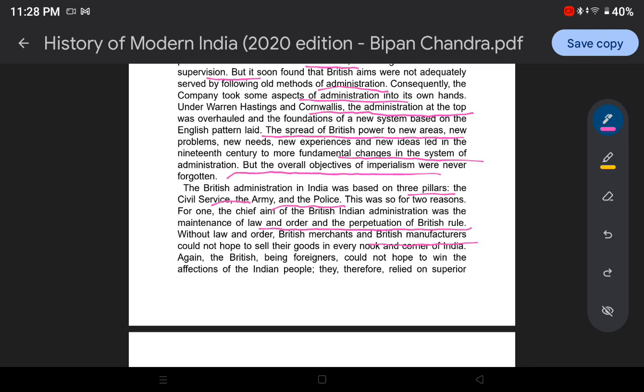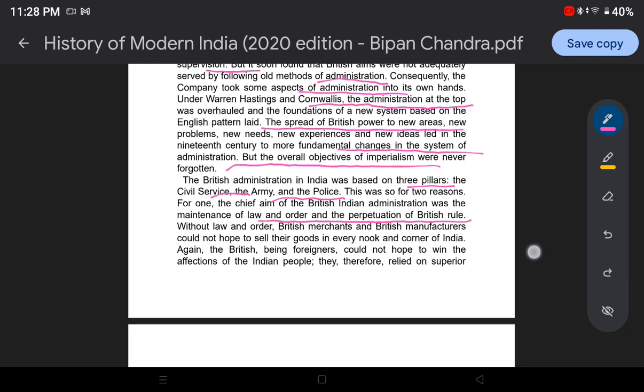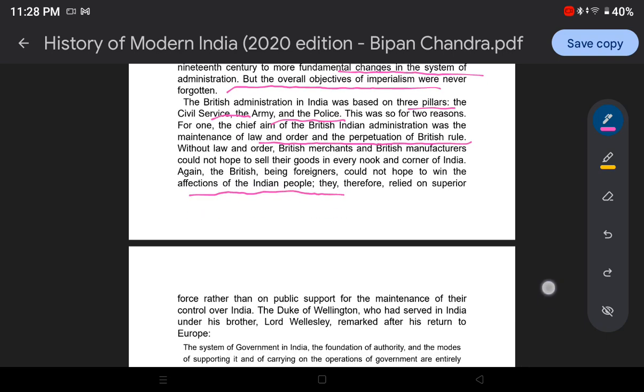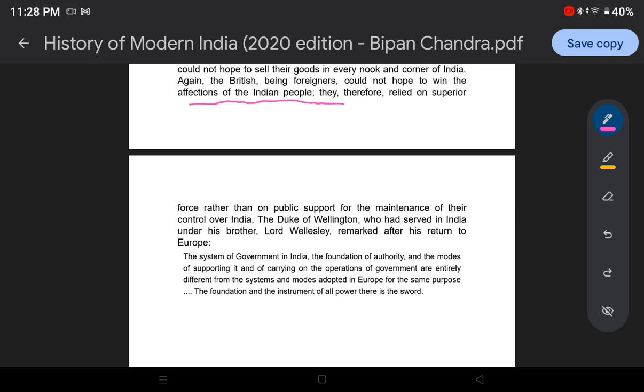Again, the British being foreigners could not hope to win the affections of the Indian people. They therefore relied on superior force rather than on public support for the maintenance of their control over India.